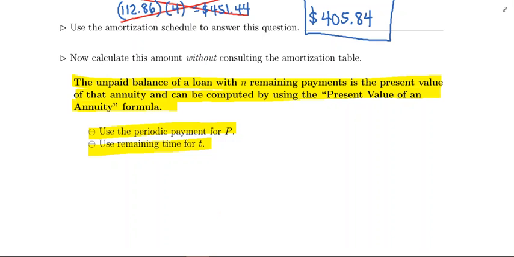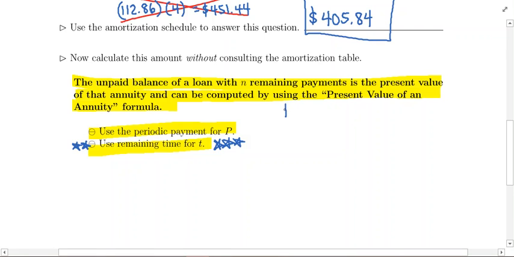So to calculate that, you're going to use your present value of an annuity formula with the remaining time on the loan. Very, very important here: you have to use remaining time. You do not take your regular payment amount and multiply by the number of payments left. Do not do that.